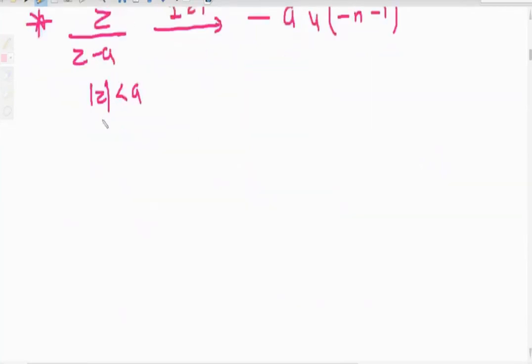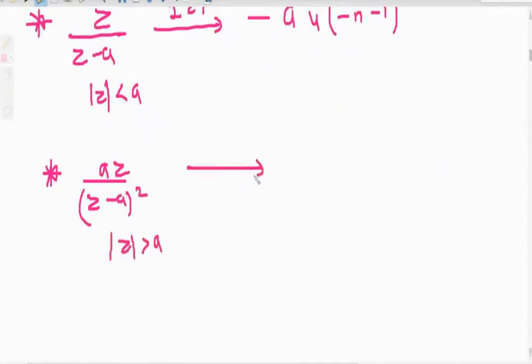Now, what will be the inverse Z transform of a z upon Z minus a whole square, with ROC magnitude Z greater than a? Magnitude Z greater means u of n. So its inverse Z transform is n a raised to n u of n.